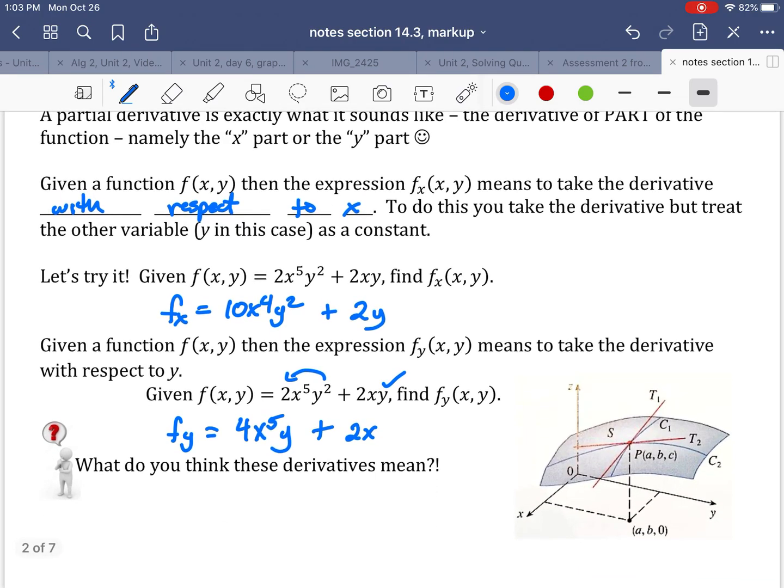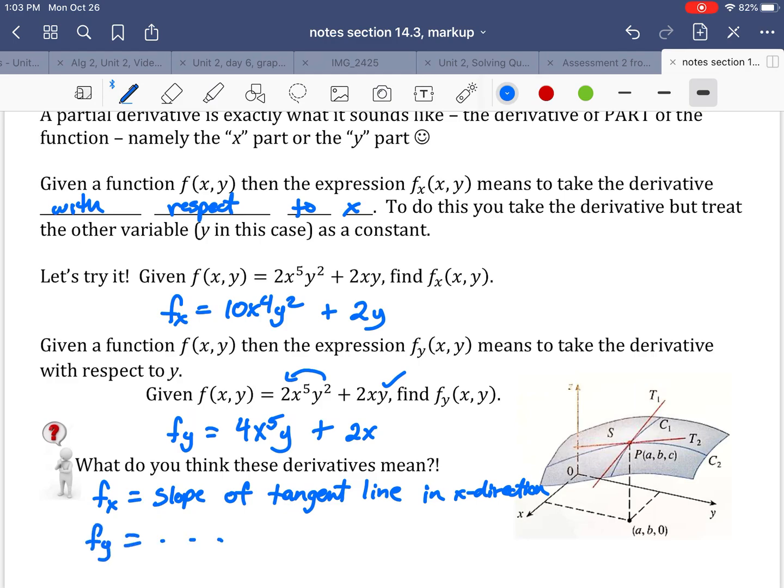So what, pray tell, do these things get used for? When you do f sub x, you are finding the slope of the tangent line in the x direction, so in the direction of the x-axis. And f sub y is the same, except of course it's in the y direction.